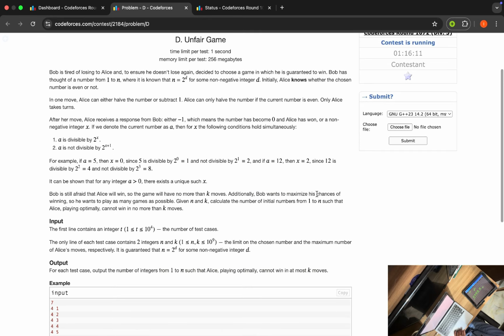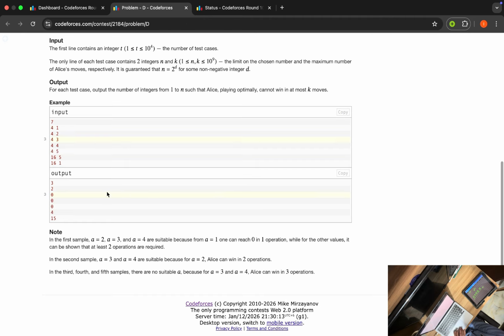And Alice wins if the value becomes 0. For 4: 1, 2, 3, 4. For 1, obviously it's not viable. For 2, in the second sample, a equal to 3 and a equal to 4 are suitable because for a equal to 2, Alice can win in 2 operations.